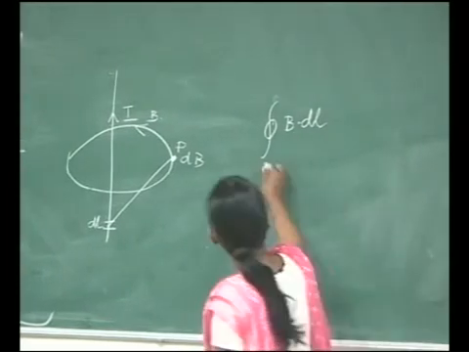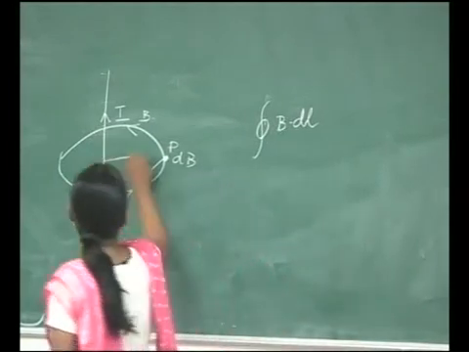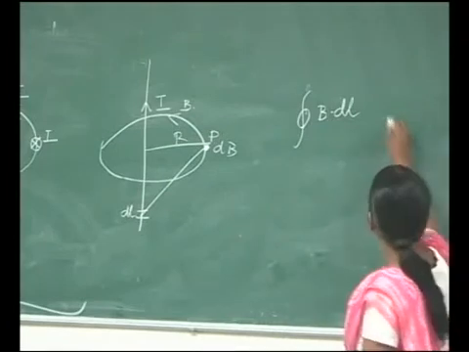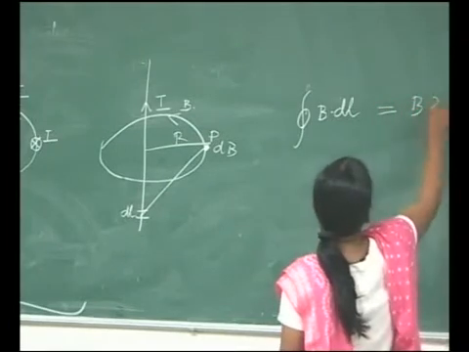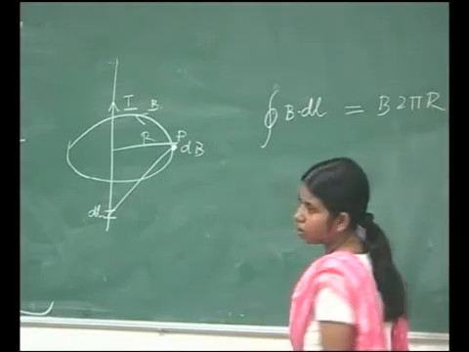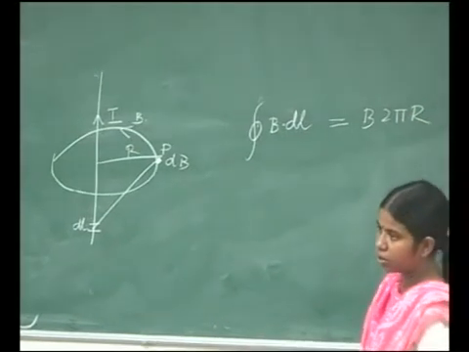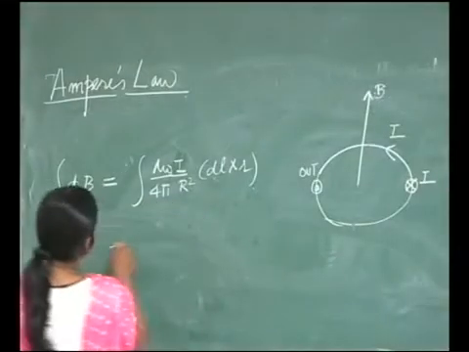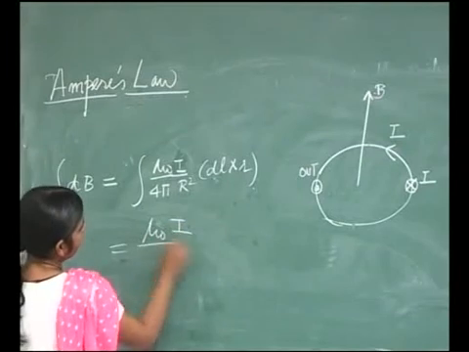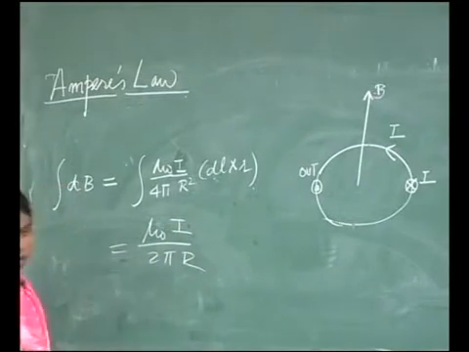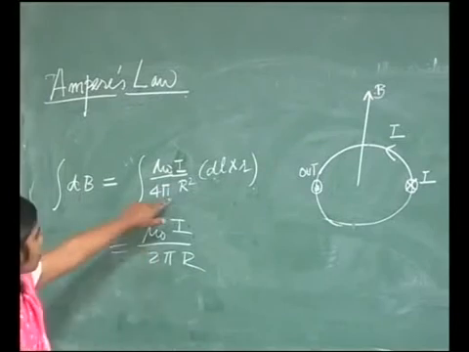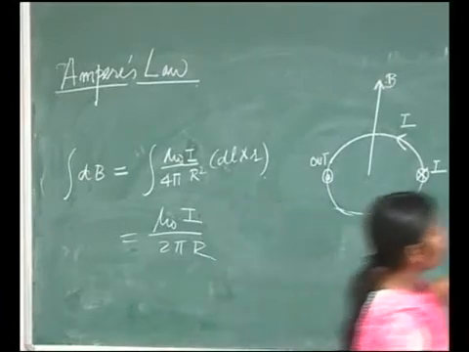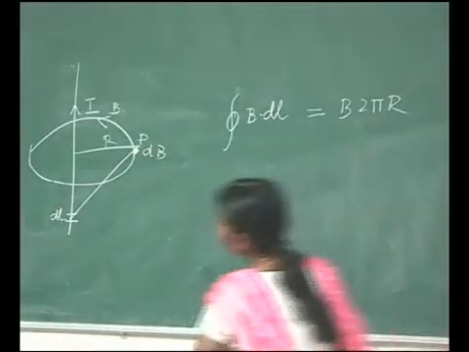My movement is over a closed loop. If the radius is r, then what will be B dot dl? B dot dl will be B into 2 pi r. If I calculate here, I will have mu 0 I upon 2 pi r, because of this 1 by r square.